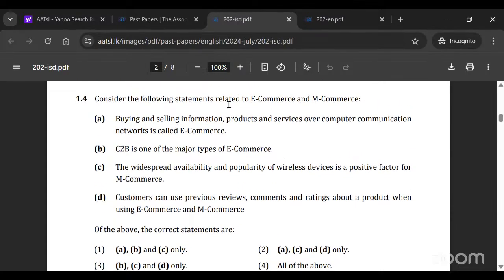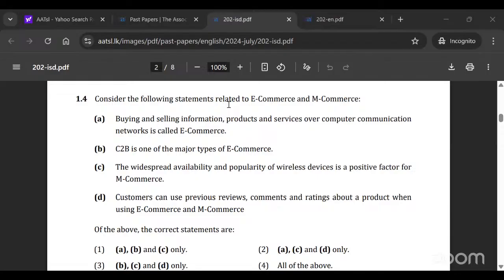What is your answer? What is the correct answer? Send me a number. Send your answer to the main chat.